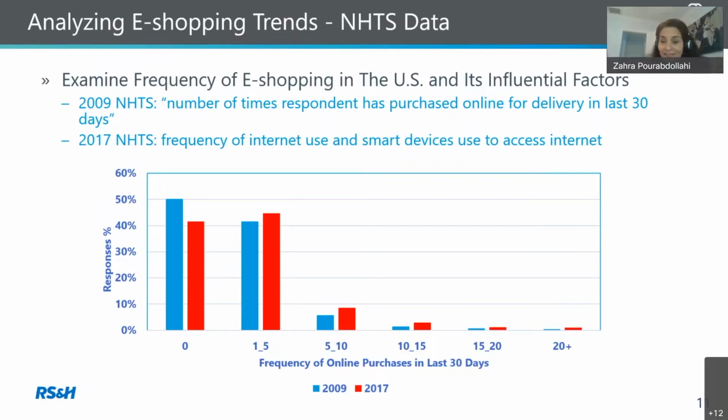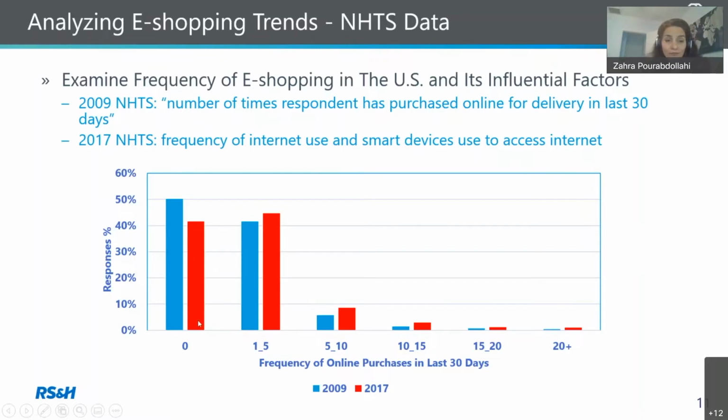So the NHTS finds that households' physical shopping trips have declined, while other data sources show that delivery by parcel delivery trucks has increased over the past decade. This is the comparison of the 2009 and 2017 trends.